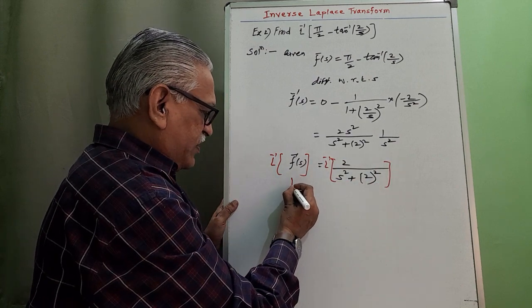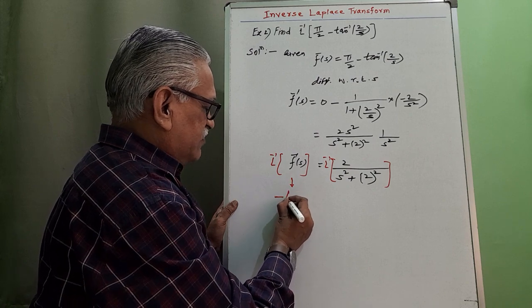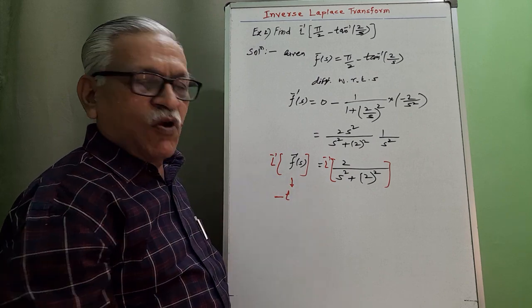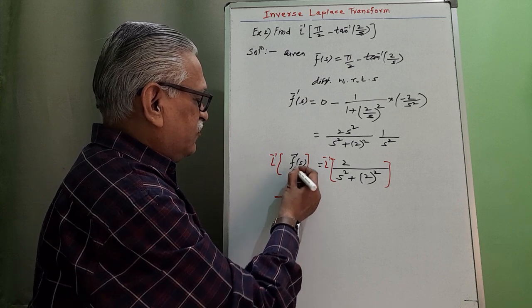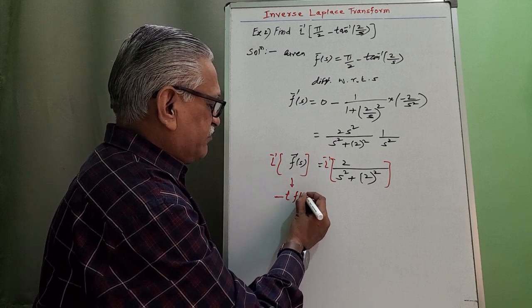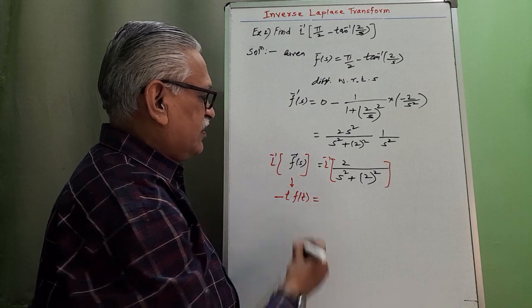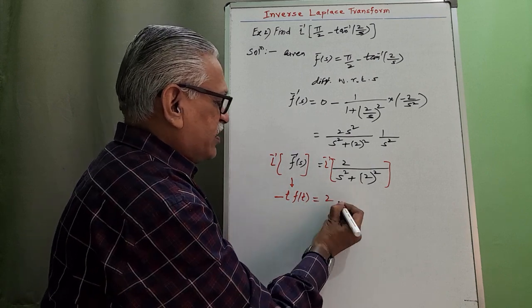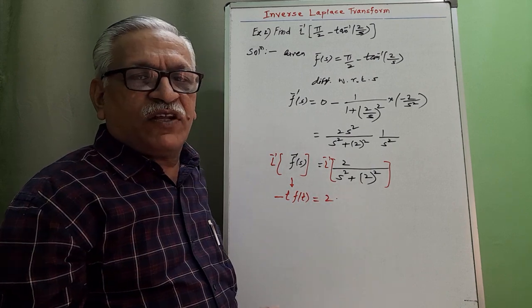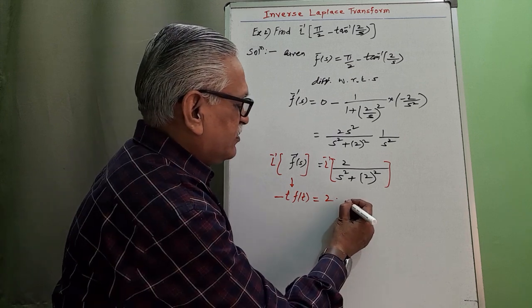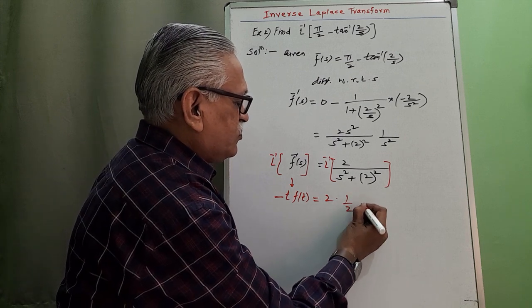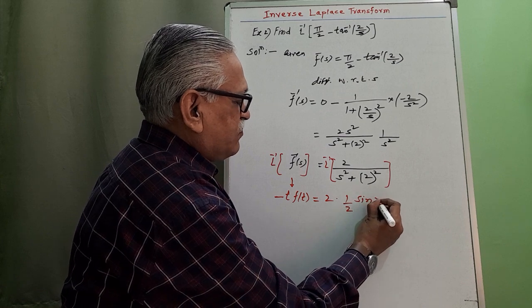Inverse of f dash of s, standard result, it is minus t, or using a property, its inverse is minus t into f of t, is equals to 2 constant outside. Inverse of 1 upon s square plus a square is 1 by a sine of at, 1 by 2 sine of 2t.